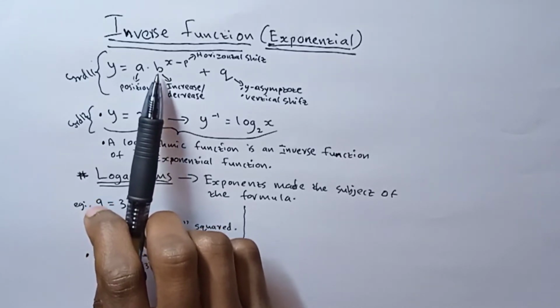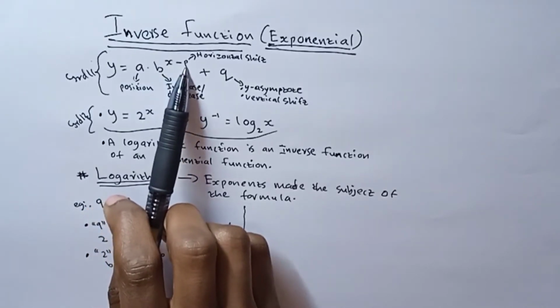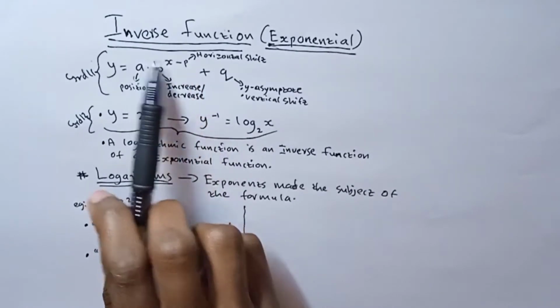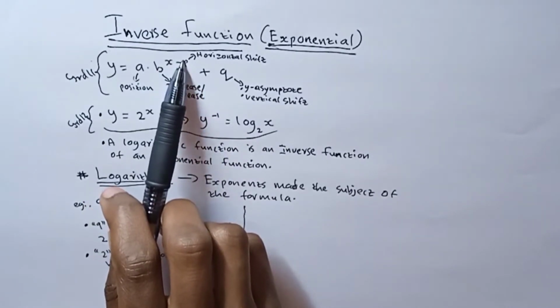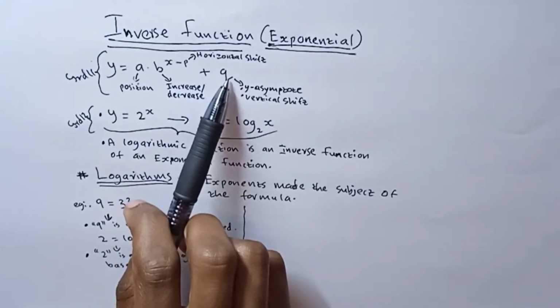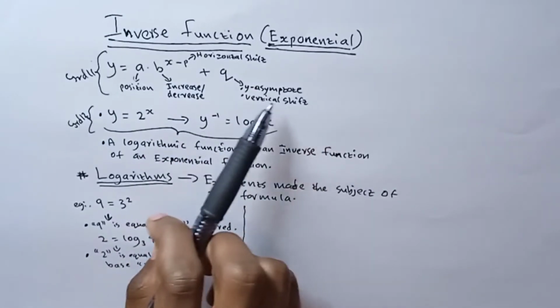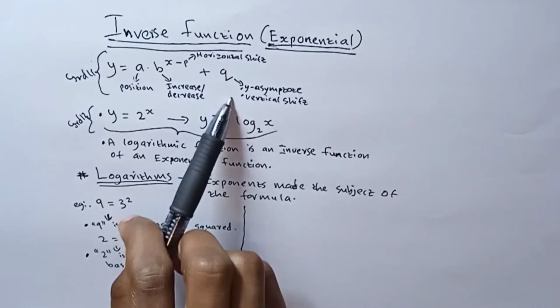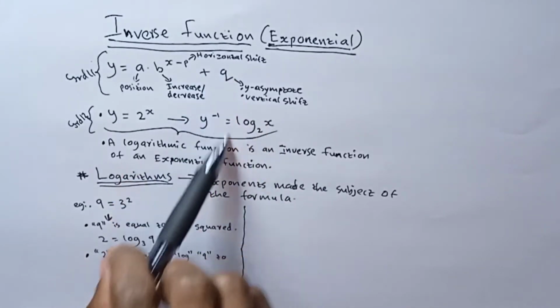And p modifies the horizontal shift, meaning whether it's been shifted to the left or to the right. And your q is basically the asymptote. It is also a vertical shift, meaning up and down.